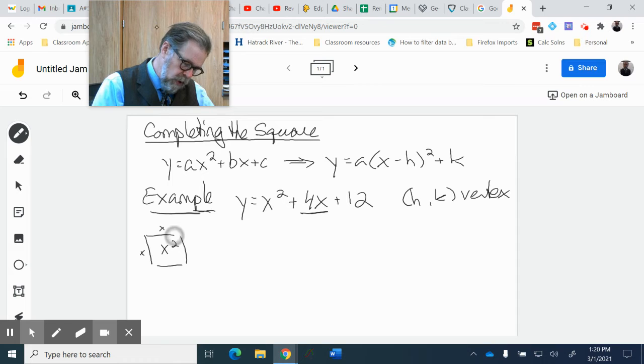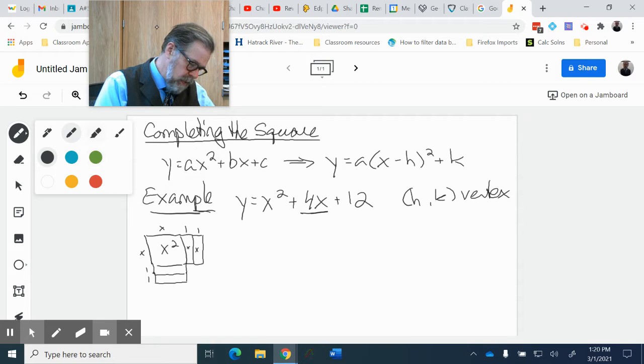I have four x tiles, and so to make a square, I'm going to put 2 on each side. These have dimensions x by 1, x by 1, and 1 and 1.